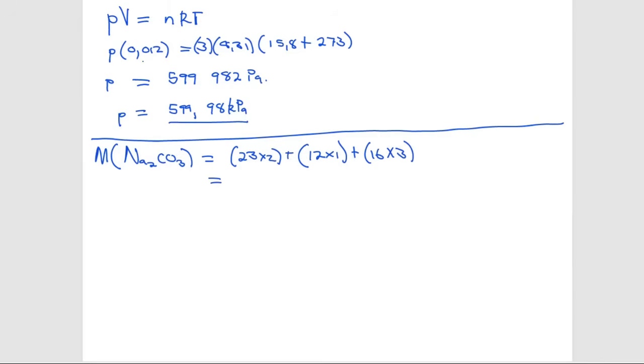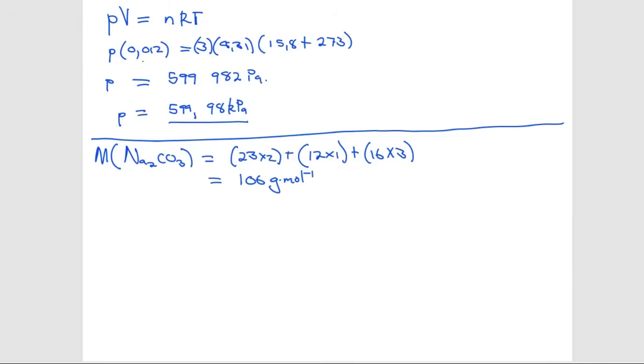If we do our math, 23 times 2, plus 12 times 1, plus 16 times 3, I'm getting a value of 106. Remember, this is the molar mass, the relative molecular mass, so it's going to be in grams per mole.